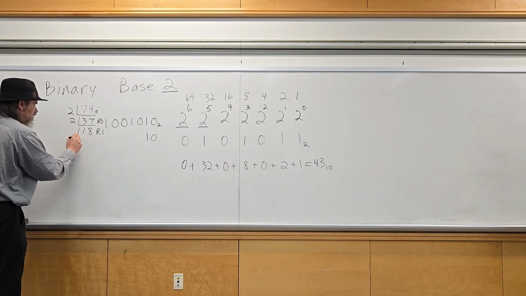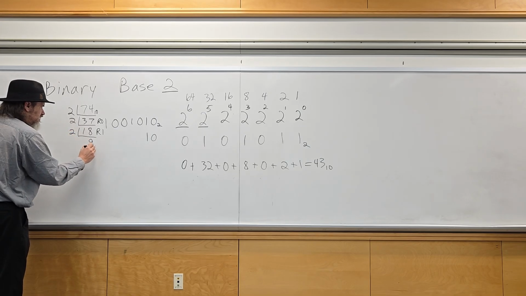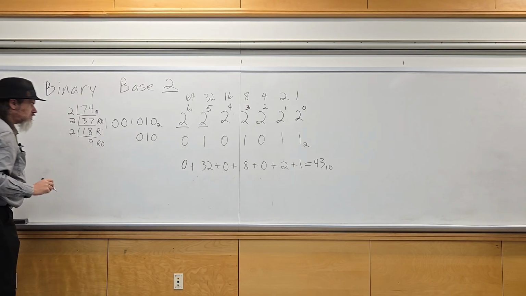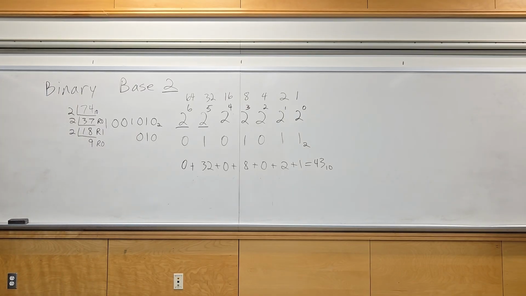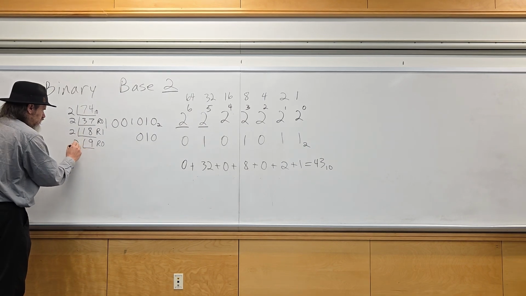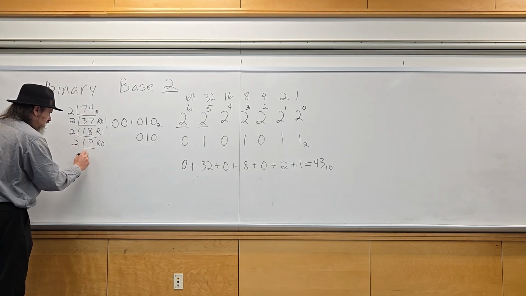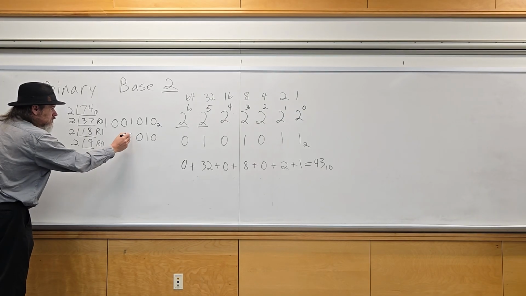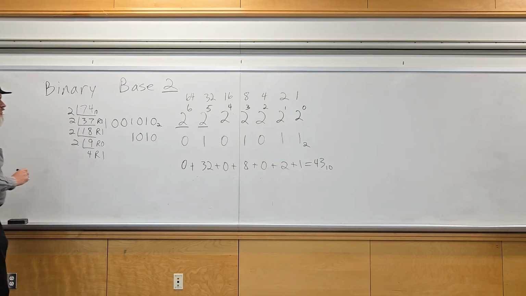Then you divide by 2 again. Gives you 9 with a remainder of 0. Put a 0. Divide 9 by 2, and you get 4, remainder of 1. Put a 1 there.